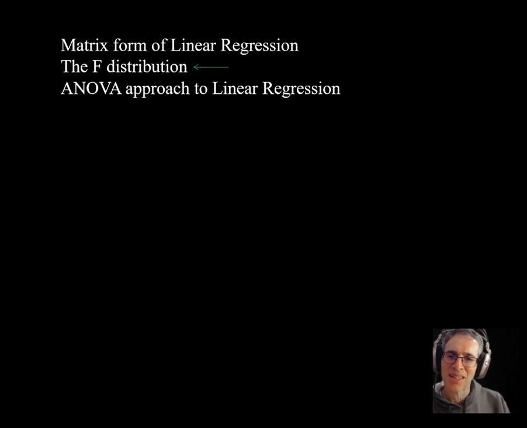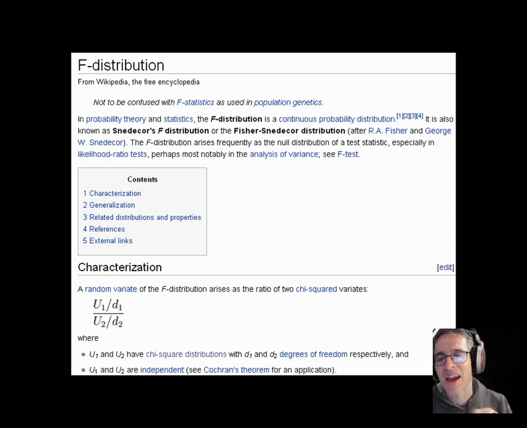And so to start to break that down, we're going to define the F distribution, which, I think, might be the last distribution we're going to do this semester. So the F distribution is going to be used for testing statistical significance from these ANOVA models. And the F distribution is defined as the ratio of two chi-square distributions divided by their degrees of freedom.